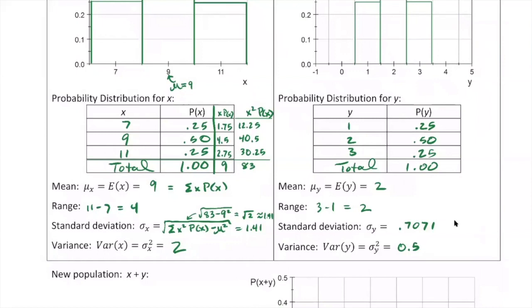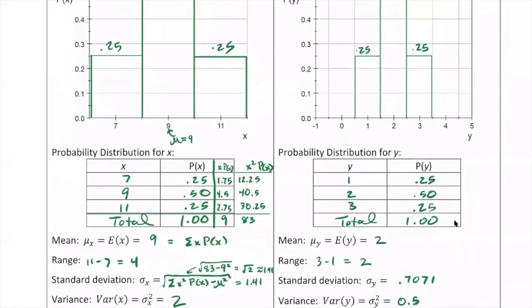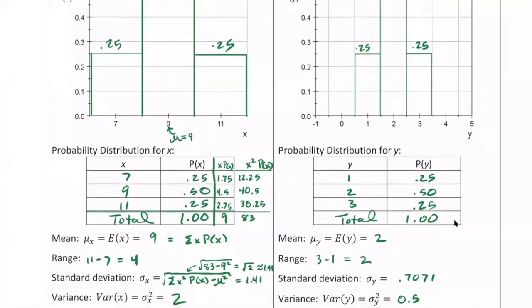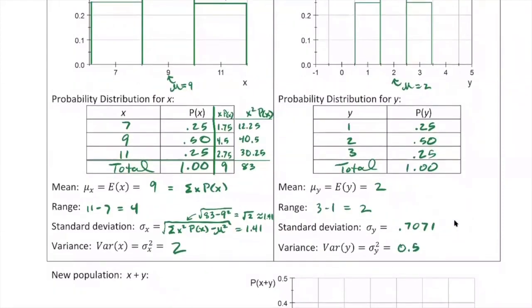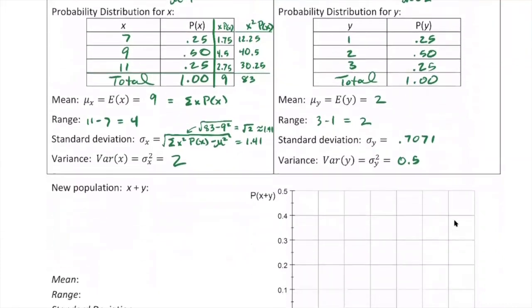The center is the means, so the mean is 9 for x, and for y, the mean is 2. Okay. We have spread, which are the standard deviations. Also, the variance is a measure of spread.